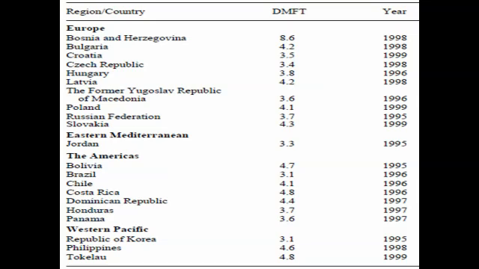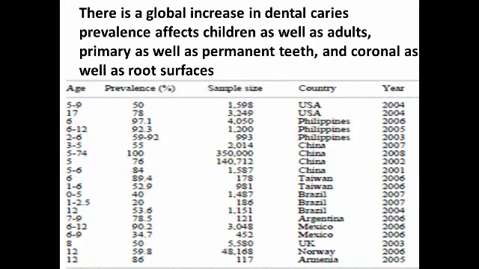If we just look at this table, we find that it is common, especially in developing countries. In developed countries, it is less. And as the child grows up, the figure is usually increasing. We see that dental caries is common even in developed countries.